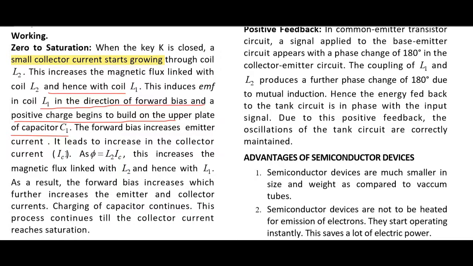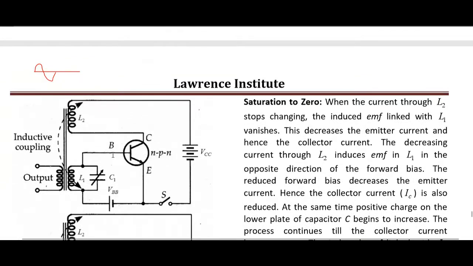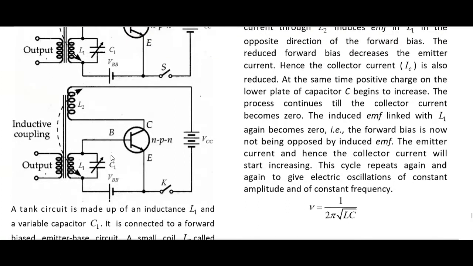Now the magnetic flux: we know that phi is equal to Li. Phi is proportional to I, and this L is the coefficient of inductance. As the current grows, the magnetic flux grows. Here he is using the formula. If I show this in a diagram, I will use this diagram.